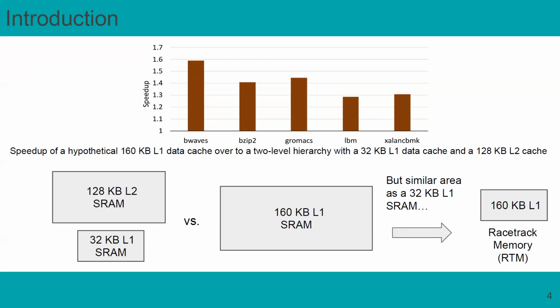However, the latency, energy consumption, and area of a 160 kilobyte SRAM is unacceptable in L1 caches. To overcome these problems, instead of using SRAM, we propose to exploit the Racetrack memory technology, leading to a 160 kilobyte cache with a similar area compared to the original 32 kilobyte SRAM cache, thanks to the storage density of Racetrack memory.